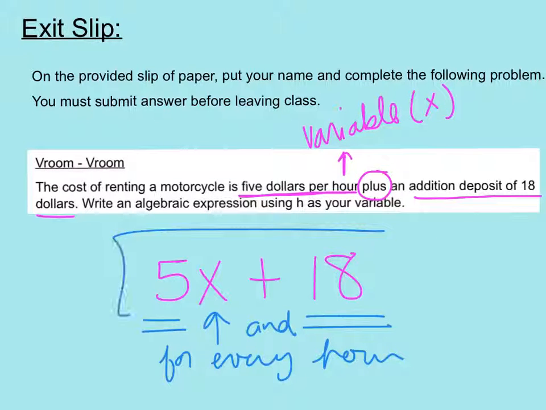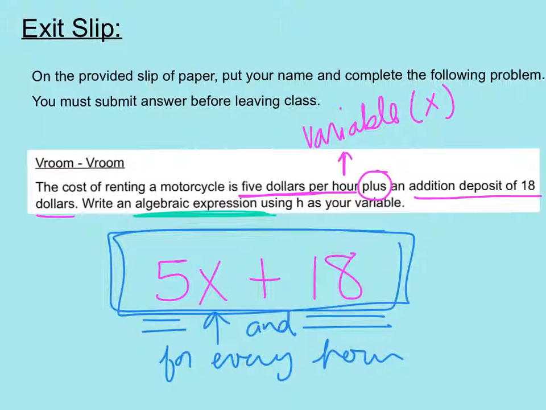And so right here is our expression. And so because we need an expression, remember there is no equal sign. And that's it.